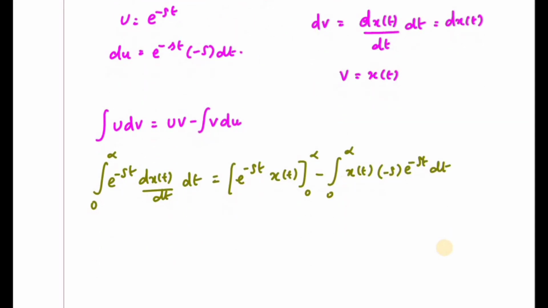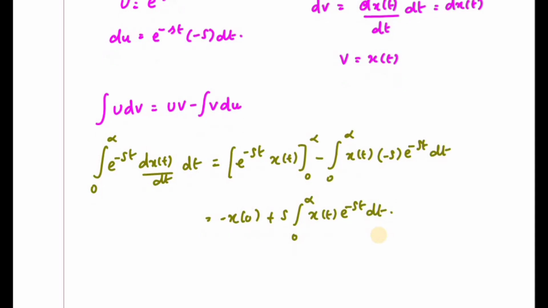Now if I solve this, e power minus infinity is 0, so we'll get minus x of 0. Here the minus and minus cancel, so you will get plus s times the integral from 0 to infinity of x of t e power minus st dt.